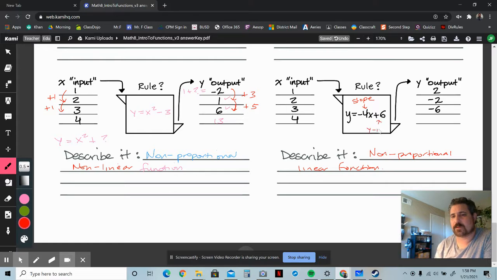And the y-intercept is 6, which means as you look at the y-axis, it's going to cross the y-axis at the ordered pair 0, 6. When x is 0, y is 6. And so we can now plug in 4 times -4 is -16. -16 plus 6 is going to be -10. And that is the last value there that's going to work. And so that's how you would do this page.